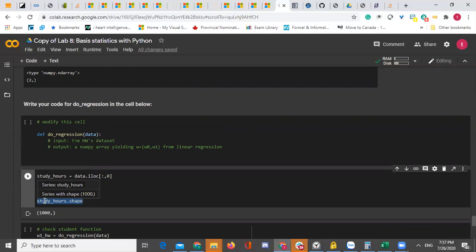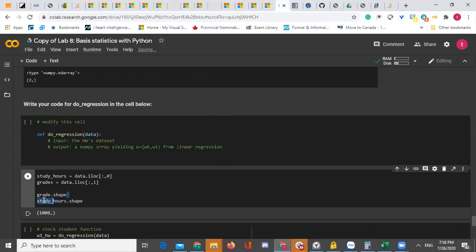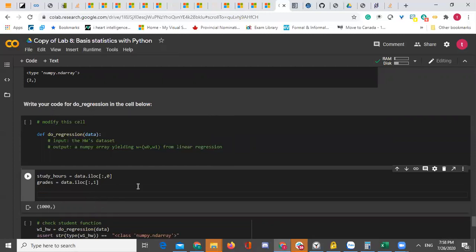So each of these, from what I understand, this one is 1,000 rows and one column.